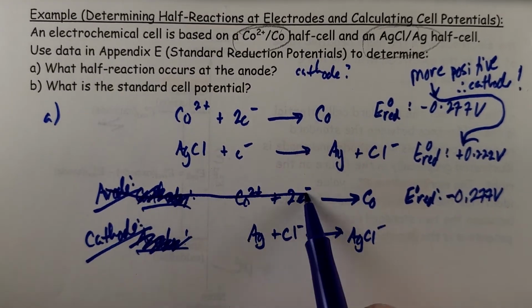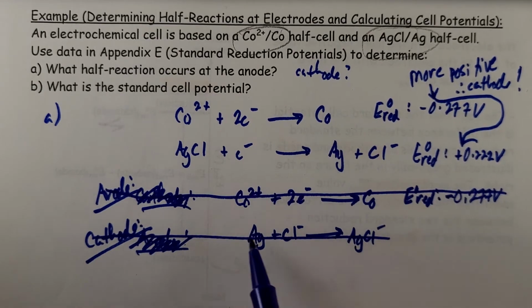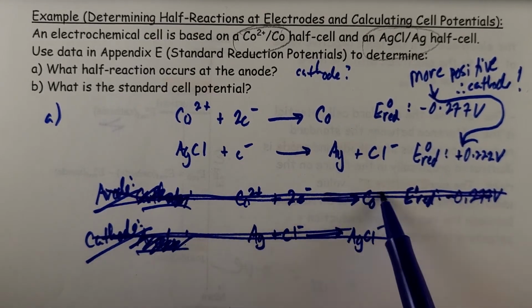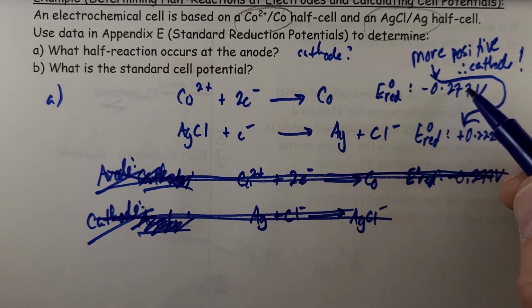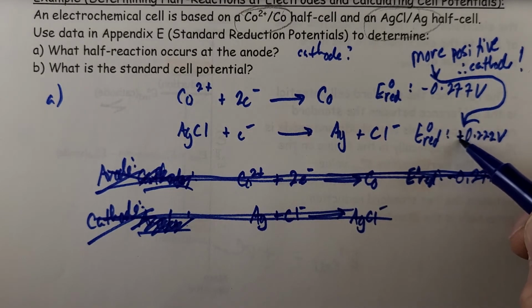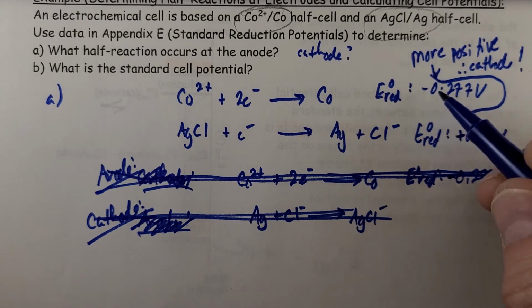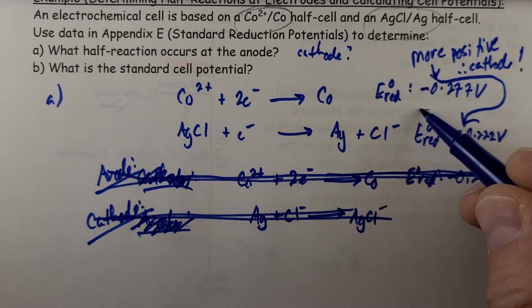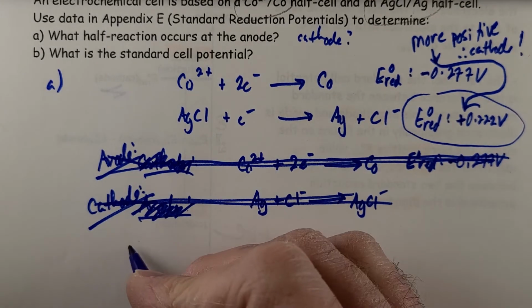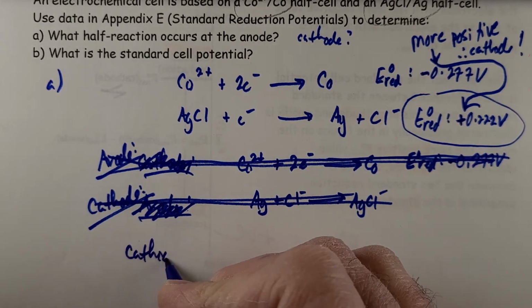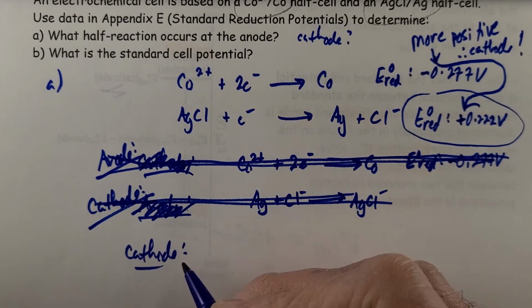You know what? Since we have this full page here, let's just do it right. So let's back up the truck. The more positive one, it's not rocket science, even though I thought it was for a second there. So this is the cathode. I need to write it in this form. Let's do that one first, because I wrote that equation backwards and it's just a mess.